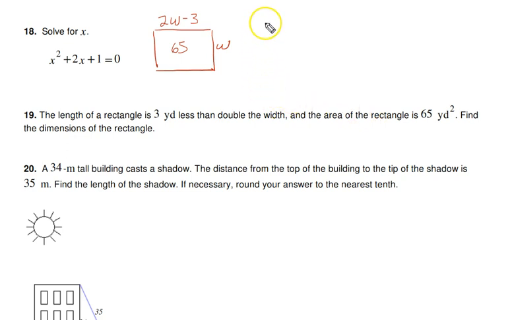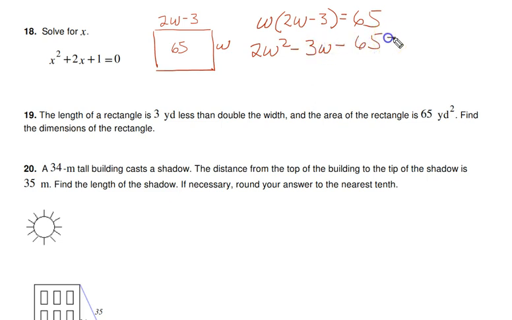And we put in our formula, W times 2W minus 3 equals 65. Transpose that. Again, there are no common factors. So this is 2W and this is W.